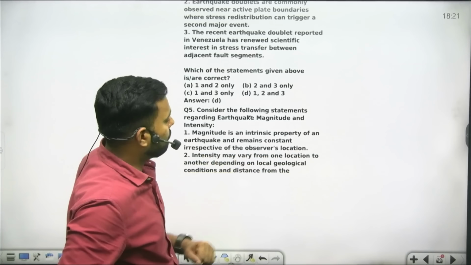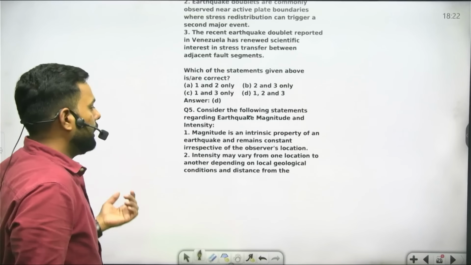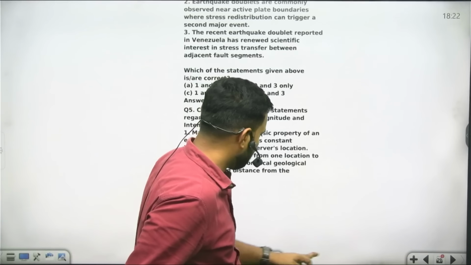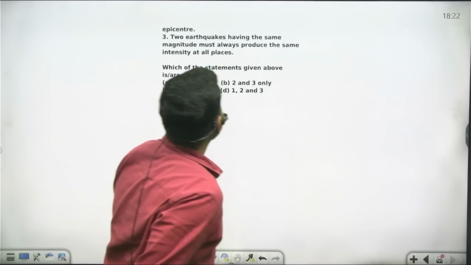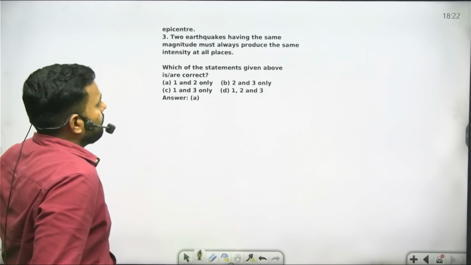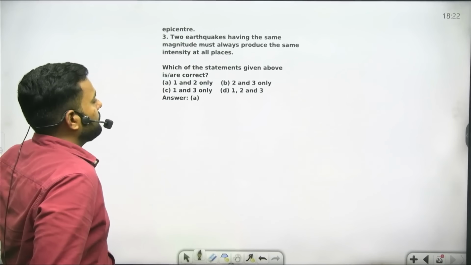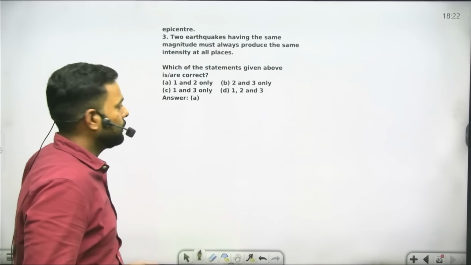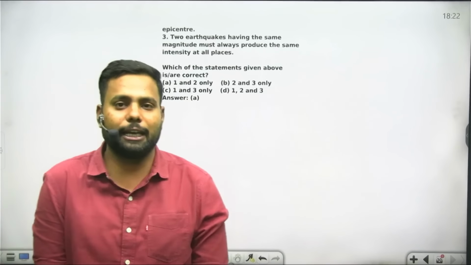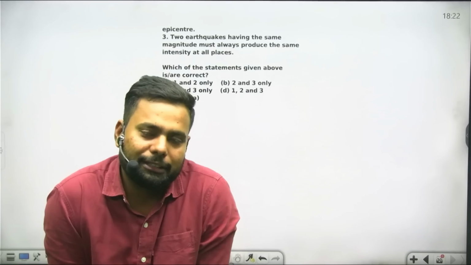Intensity may vary from one location to another depending on the local geological condition and distance from the epicenter. Theek. And third, two earthquakes having the same magnitude must always produce the same intensity at all places. To ye ho jayega first and second. Third galat ho gaya. Abhi aapko bataya tha ki nature of the rock, nature of the surface, ye sab matter karta hai.